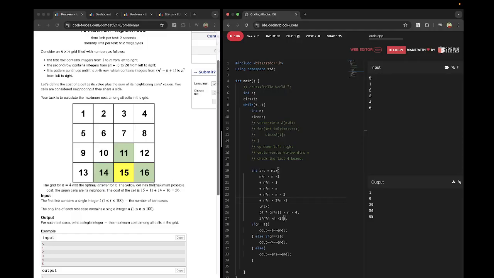I don't want the wrong answer, so I'm gonna be doing this one as well. So I'm gonna be taking a max of yet another thing. Max of. It's getting ugly. Okay. What's this? This is n square, of course.